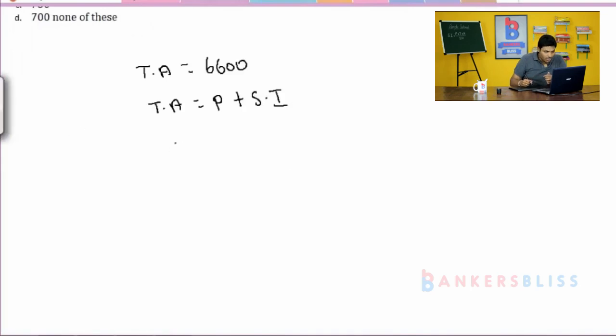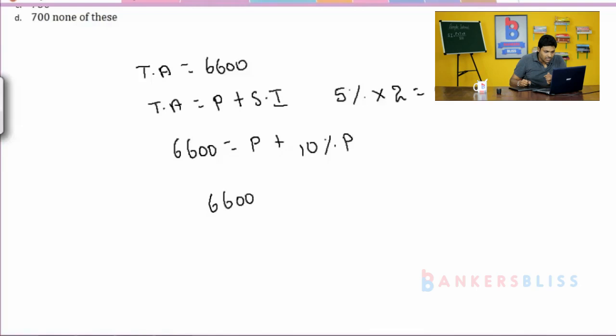Therefore total amount 6,600 is equal to P plus 5%, 2 years, which is equal to 10% on principal amount. So 6,600 is equal to the old P, which is 100%, plus 10% P, altogether 110% principal amount. Therefore 110 by 100 into principal amount is equal to 6,600.